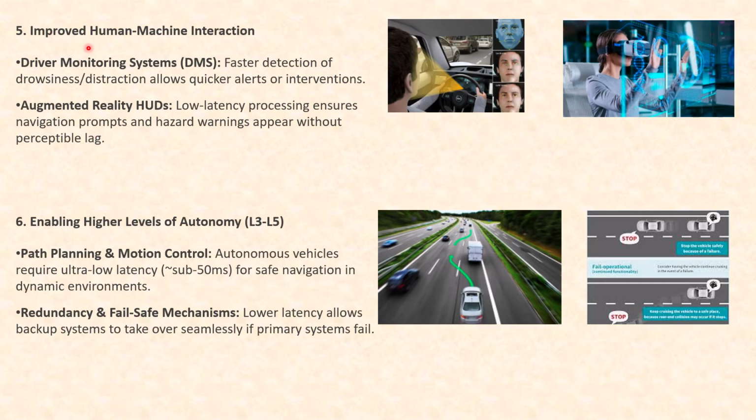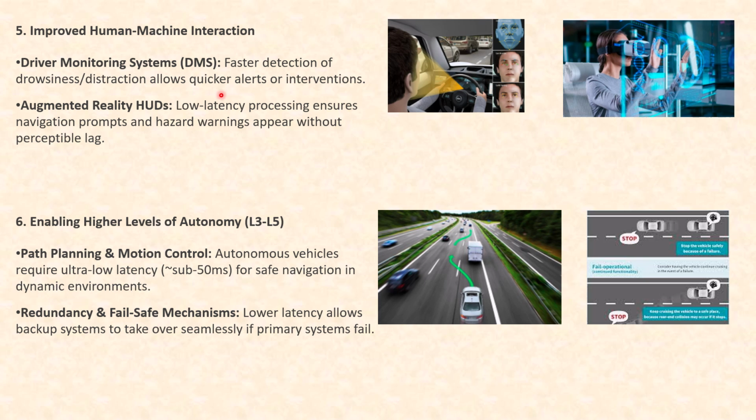Now coming to the improved human machine interface, especially when it comes to human machine interface, the one single most functionality that should come into your mind is the driver monitoring system. And the faster detection of drowsiness allows quicker alerts or interventions. Okay, now naturally, this is something you can understand as a natural process.